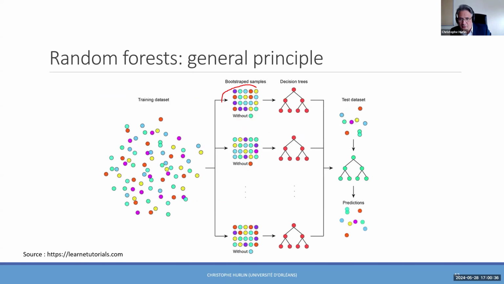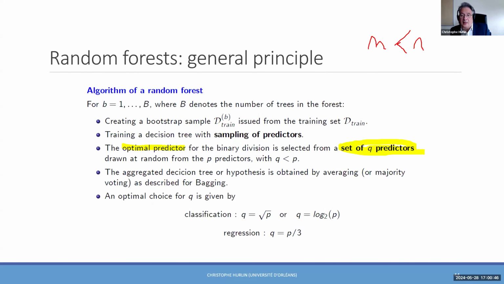Here I have, for instance, 50 individuals, and here I have 2,000. And you will use Q features or predictors, whereas initially I have, for instance, 20 variables, and then I will select only Q of them. Q is necessarily smaller than P, otherwise this is not a random forest algorithm.